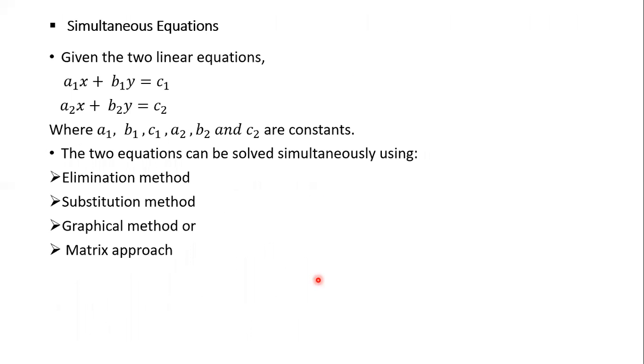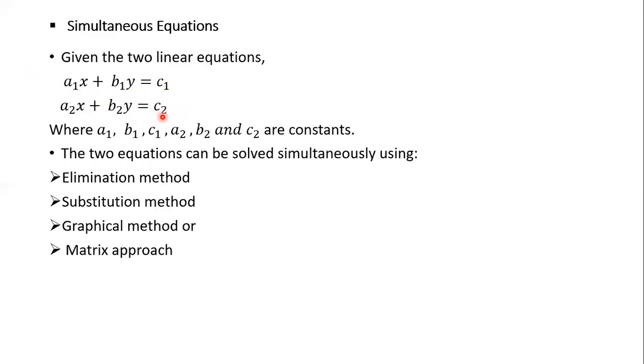Okay, let's move on to simultaneous equations. Given the two linear equations, a1x plus b1y equals c1, a2x plus b2y equals c2. So here you have equation 1, equation 2, where a1, b1, c1, a2, b2, c2 are constants.